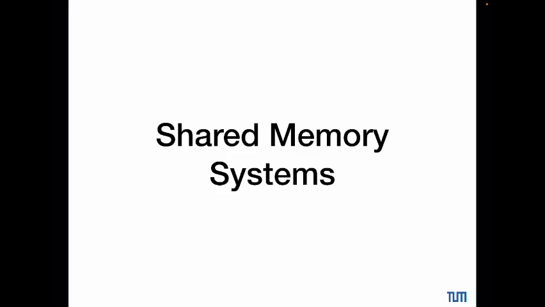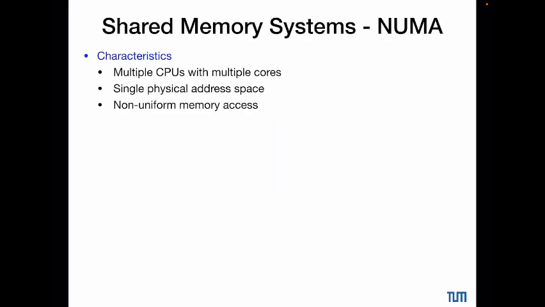Then we have shared memory systems. I think I have only one slide for that. It's basically that you combine multiple of the processors together, and these processors can access the same memory. And so if the processors do computation, they can exchange information by writing into the memory and reading from the memory.